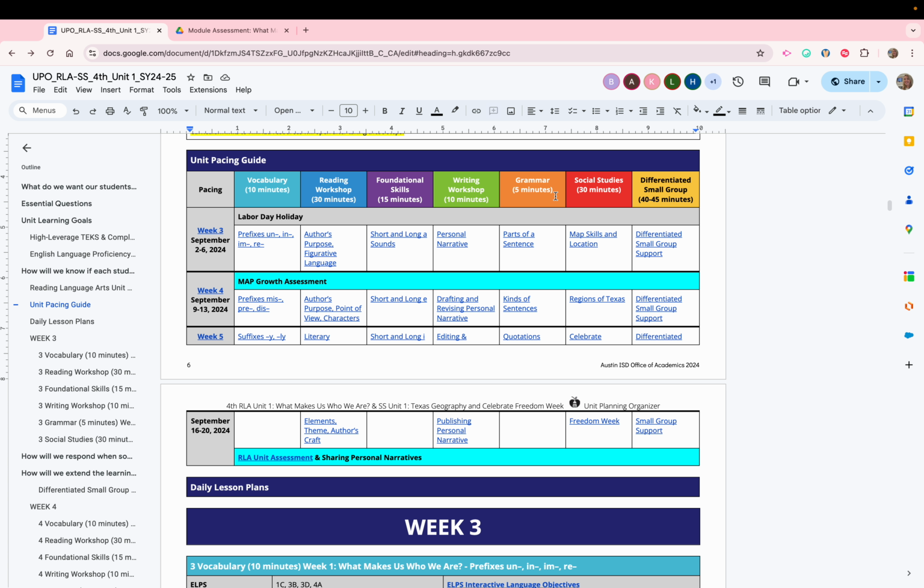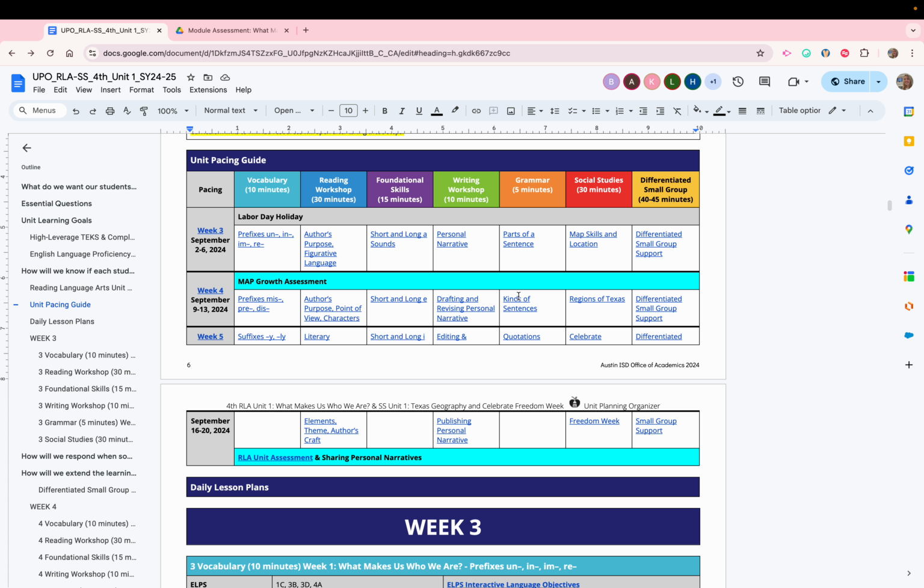And that isn't time that I necessarily need to be standing over them. That's time that they need to be engaging with that task as students. So it frees me up. So remember, the minutes above are my direct teach minutes. So 5 minutes of direct instruction for the grammar. And I'm going to show you when we go into the lessons that that's not really an impossible task.